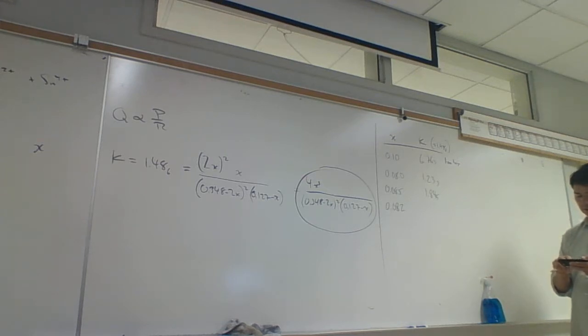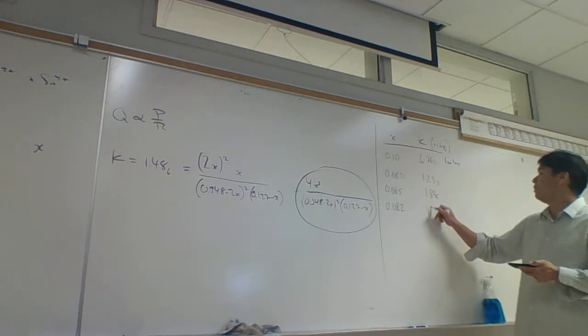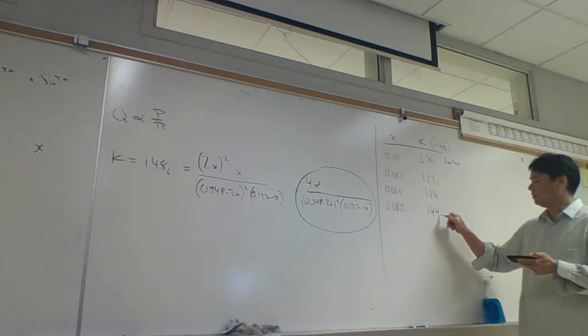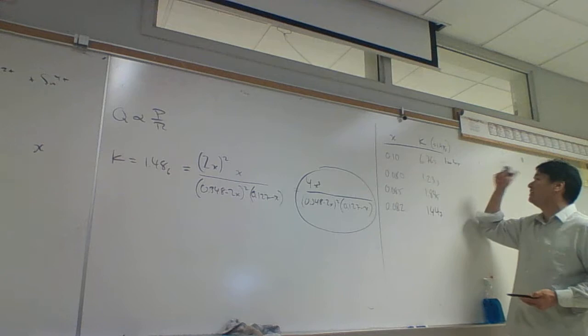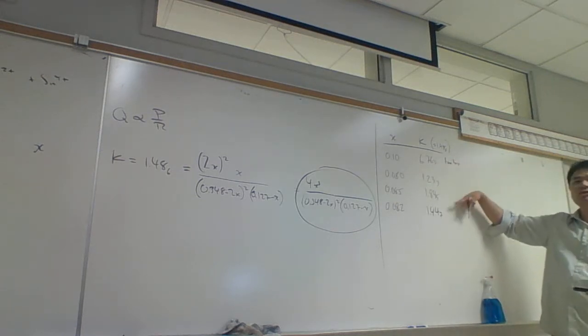Equals that, invert that, times 0.082 cubed times 4. 1.447. 1.447, we're getting closer.